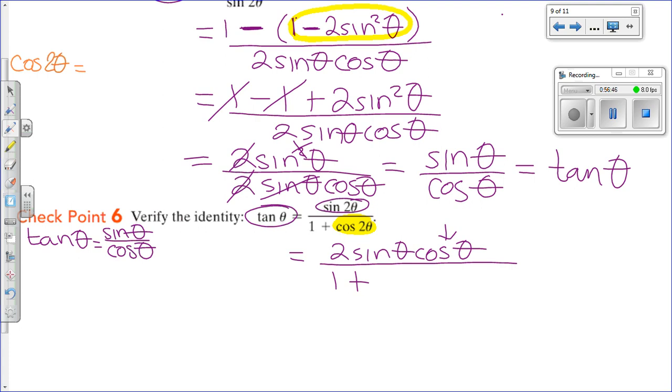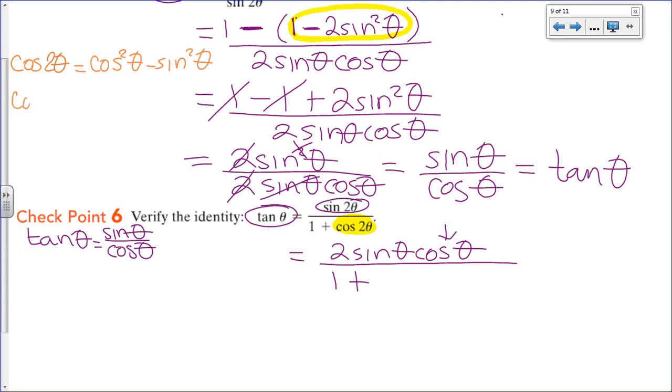Okay. So I'm going to list the 3 options that we have here, and we actually derived those 3 in class. The very first one that you guys learned was this. The second one that we derived from the first was this. And the third one that we derived was 1 minus 2 sine squared theta.